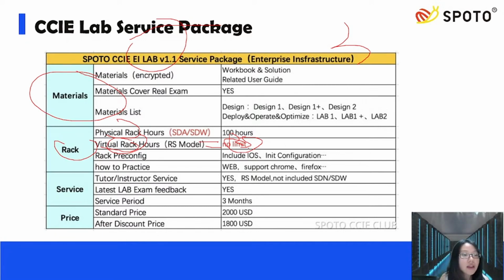They require you to install EVNG, so it will consume your local computer. But SPOTO can provide the rig for you to practice. And for our SDN rig, we will provide 100 hours for you, but other vendors only provide 60 hours. So our rig is more than enough for you to practice.